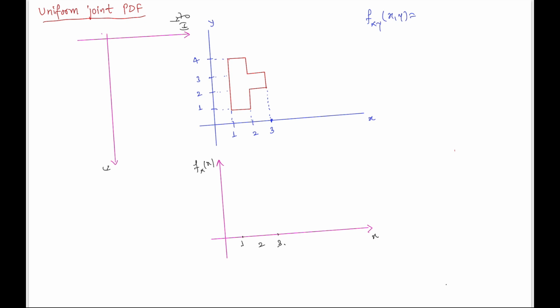And the total probability needs to add up to 1. That means the total volume should be 1. So we have the total area of 4 unit square, and the height should be 1 divided by 4. So this joint PDF will be 1 divided by 4 within the range that we are interested in, and outside of this range the probability would be 0.